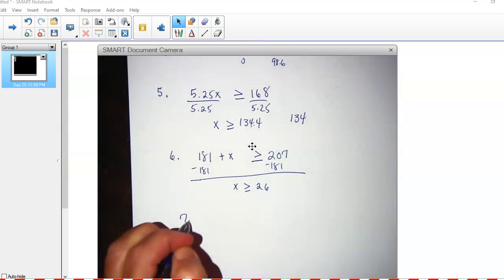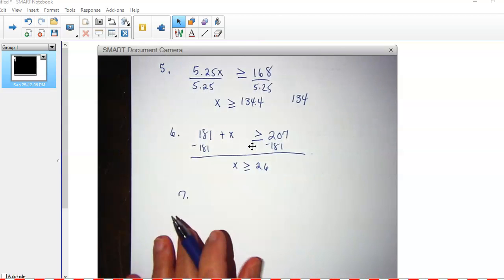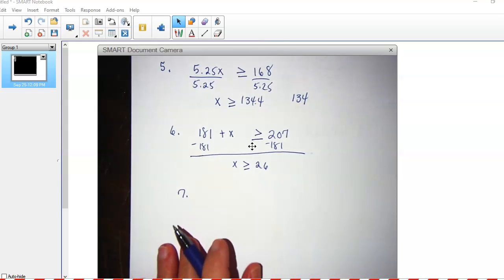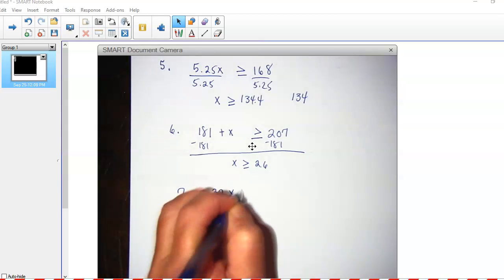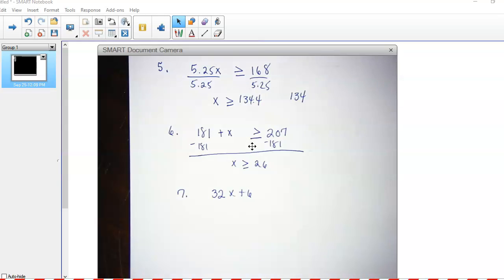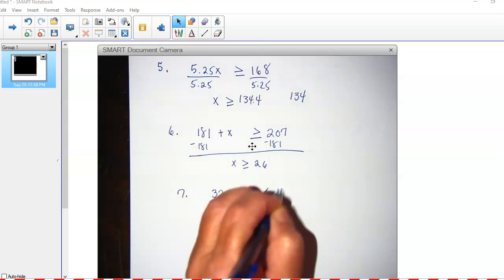So let's go to number 7. An amusement park charges $32 for admission and $6 to park your car. So $32 for admission and $6 to park your car. Write and solve and graph an inequality that represents the possible number of people that could go to the park for $166. So they only have $166.